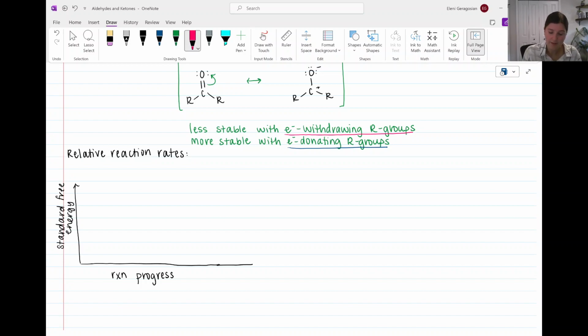So if we have electron withdrawing R groups, then our starting material, the aldehyde or ketone, will start at a higher energy. Actually, let's just go ahead and split this into two reaction coordinate diagrams. So we'll do one for electron withdrawing and one for electron donating.